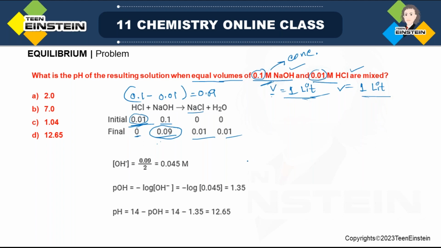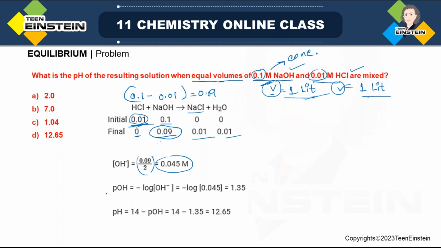So you have to divide it by 2. Even if it is not 1 liter, as you have mixed V volume with another V, that means it is double dilution. So that is why the concentration should now be half. When dilution is double, concentration is basically half. So this is the final concentration of hydroxide ion.